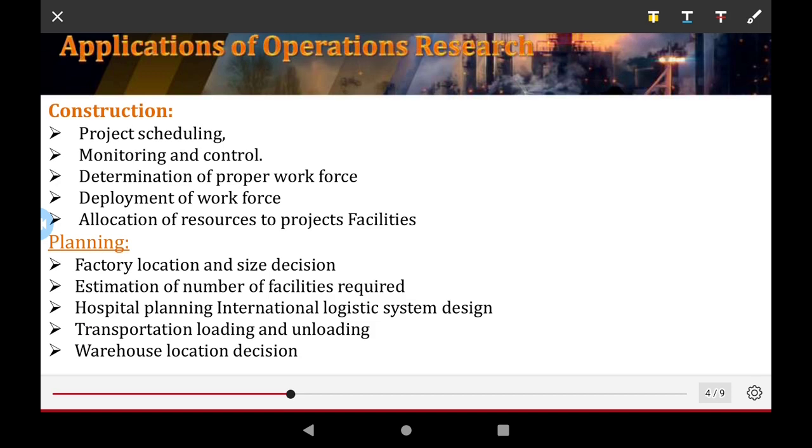So we discuss the decision of planning and loading and unloading before you start the work. Okay, and warehouse location decision. Suppose you take one cold store as the warehouse, established for potatoes.